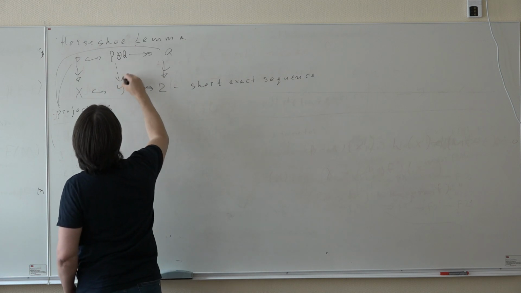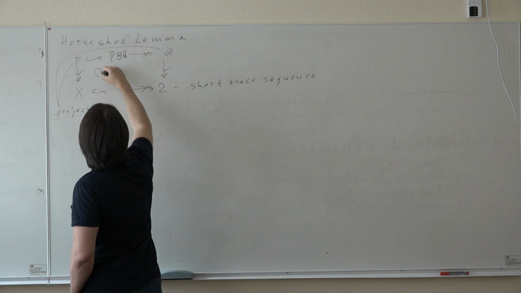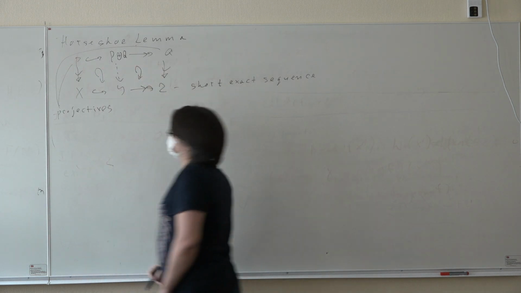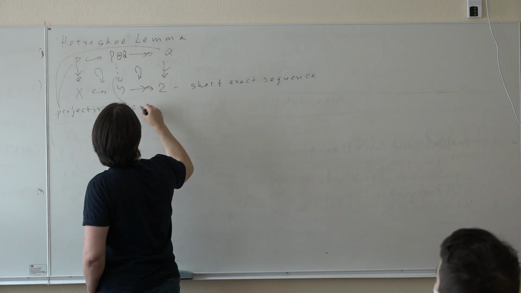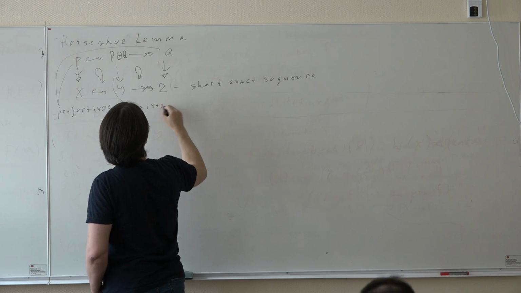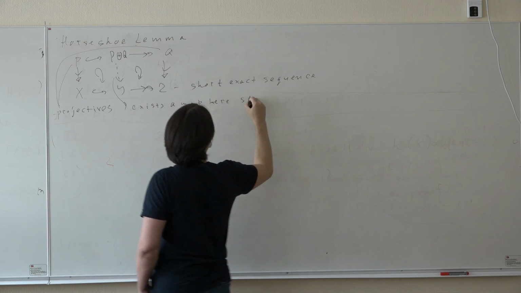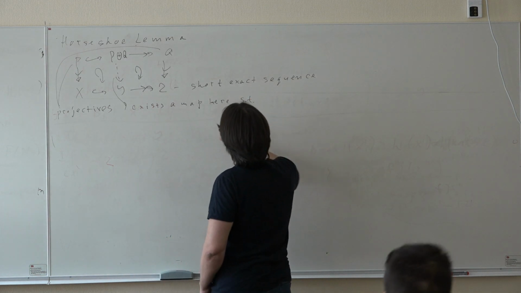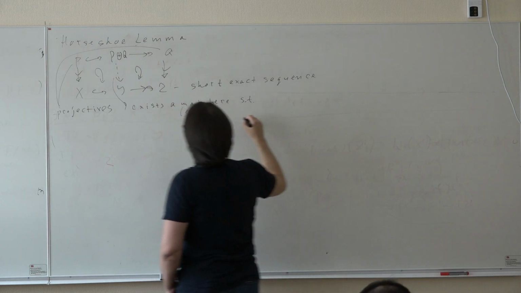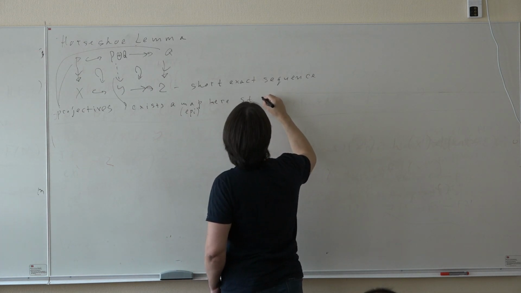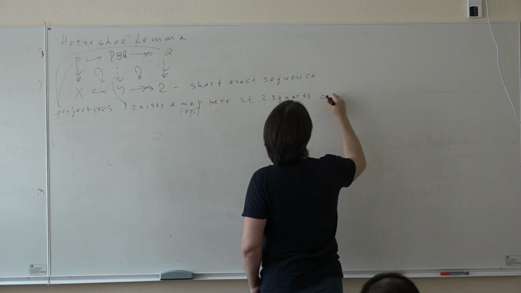Then there exists a map from P plus Q to Y that makes this diagram commute, such that this map, of course, is epi, such that two squares commute.